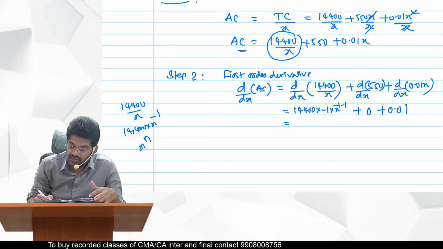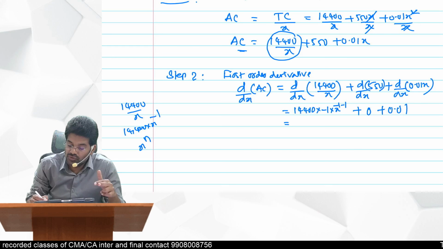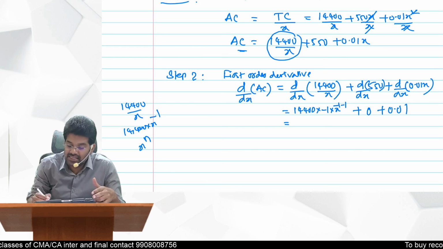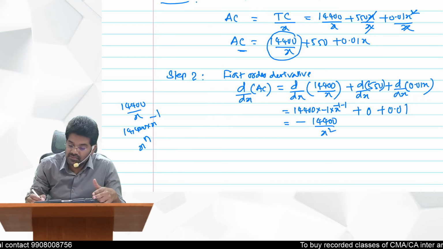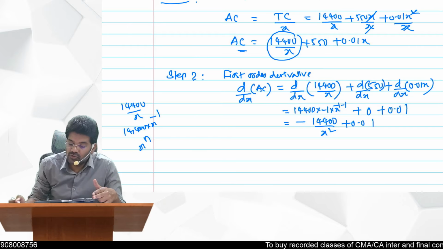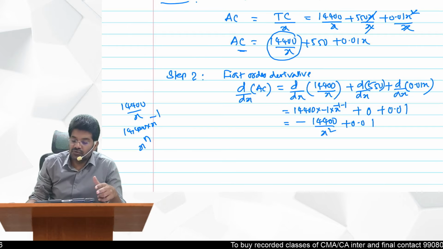So now 14,400 into minus 1 into x power minus 2 you are getting. So can I say minus 14,400 divided by x square, plus 0.01? This is your first order derivative.